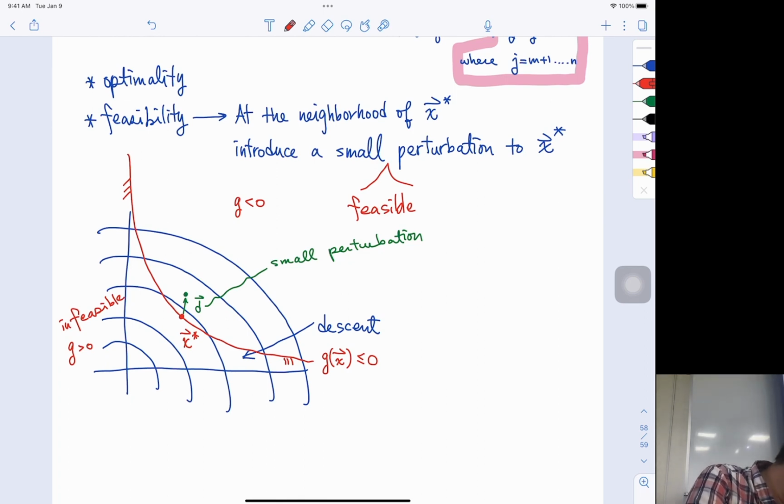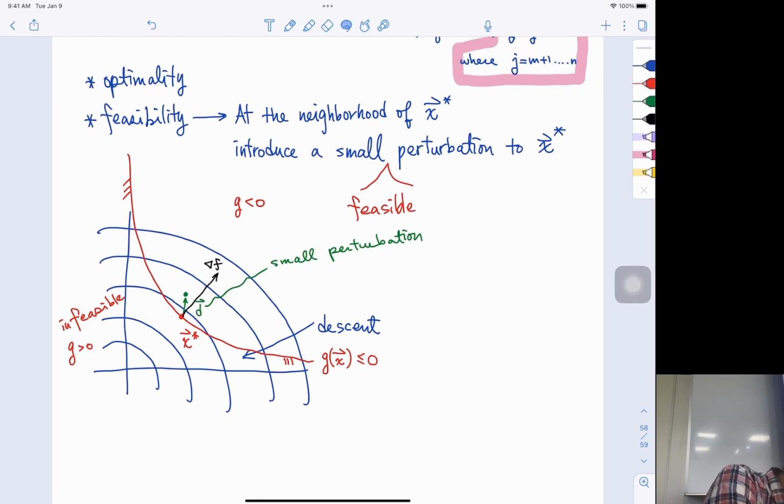So now, if this D is a small perturbation, we can take a look at the gradient of all functions. This is a gradient direction of your f. We already introduced it earlier. Let me just move the d a little bit.